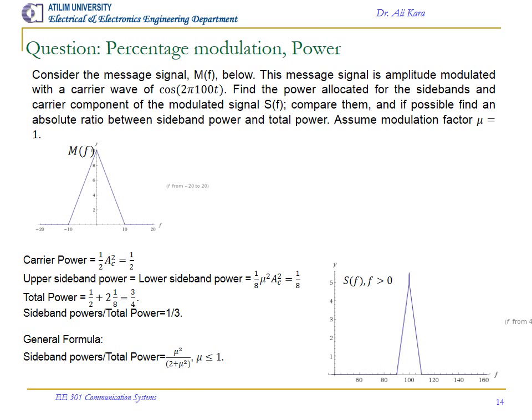Question: percentage modulation, power. Consider the message signal, M of f, below. This message signal is amplitude modulated with a carrier wave of cosine 2 pi 1000 t. Find the power allocated for the sidebands and carrier component of the modulated signal S of f.